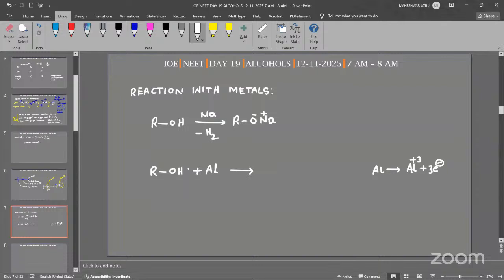So alcohols give RO minus, alkoxide ion. So 3 moles of alkoxide ions bond with Al plus 3. It results in aluminium alkoxide and hydrogen gas.